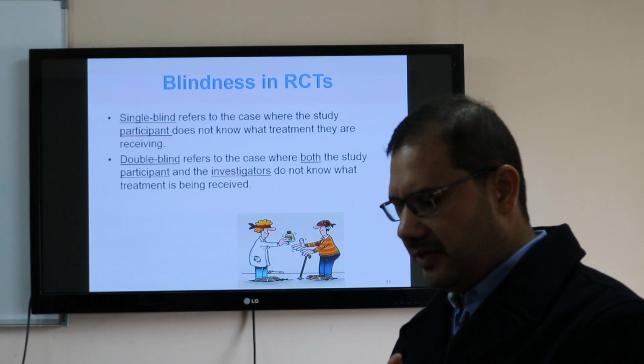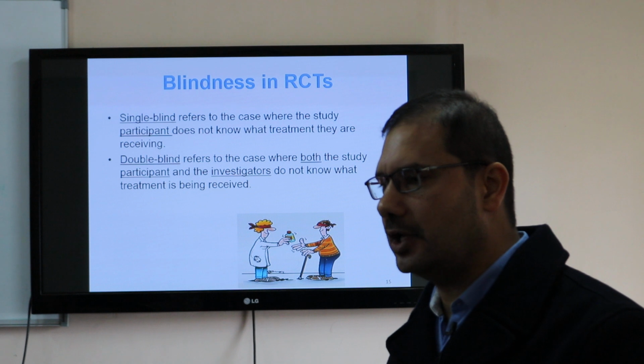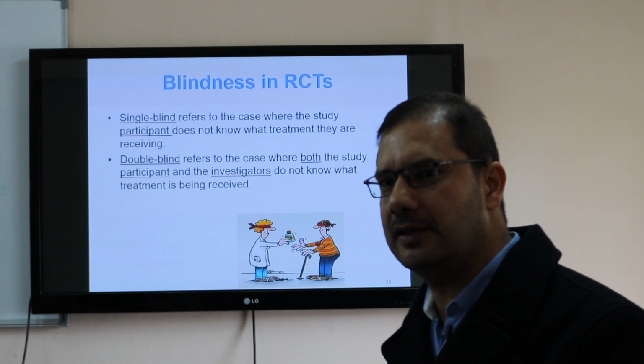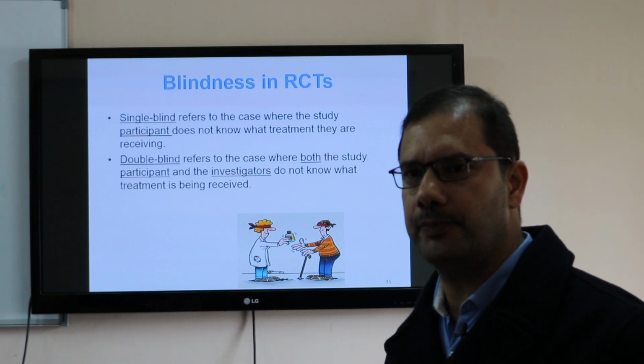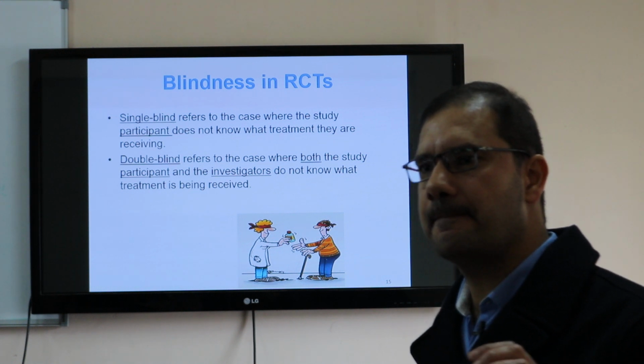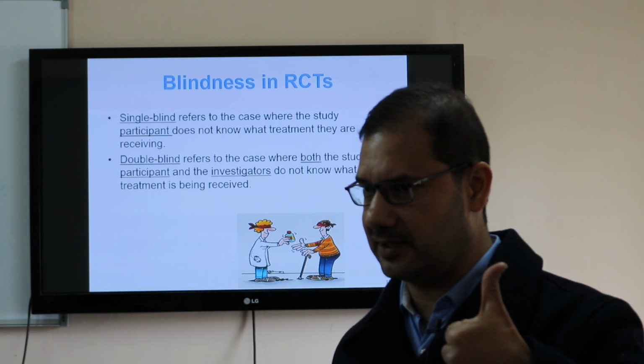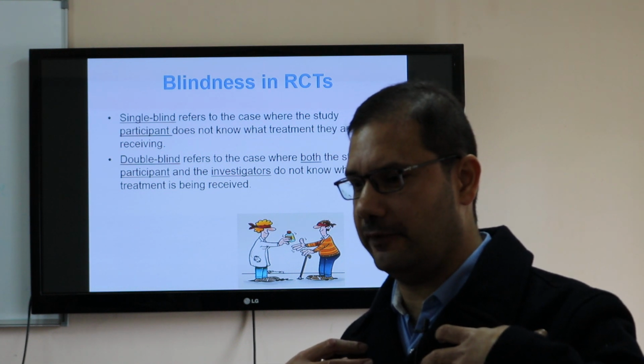Why? Neither the participant nor the researcher knows whether this patient is in the test group or the control group. Why do we do this? To avoid bias, the selection bias first. This is from the research point of view.